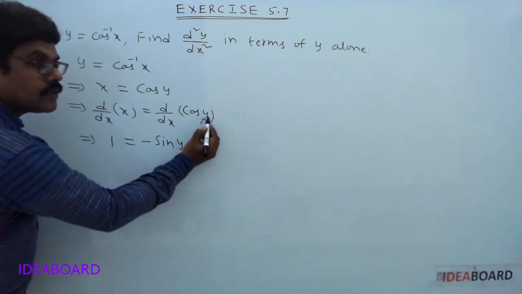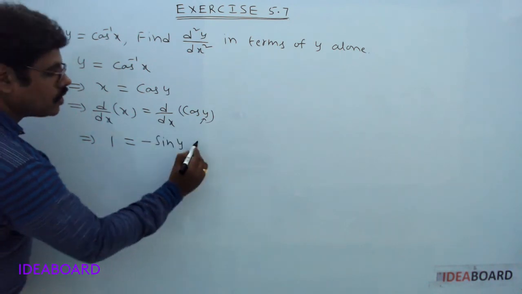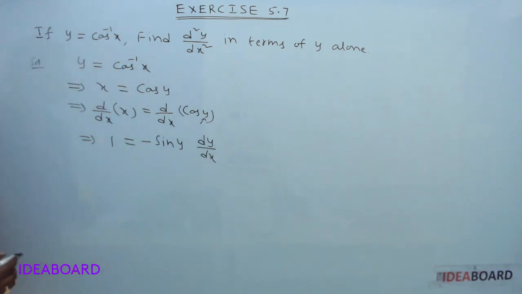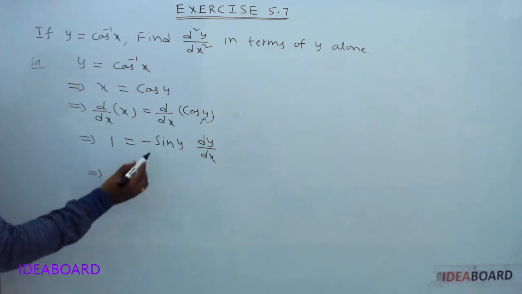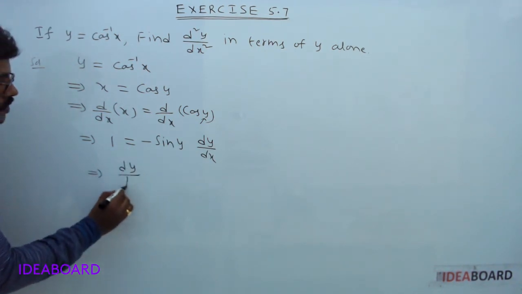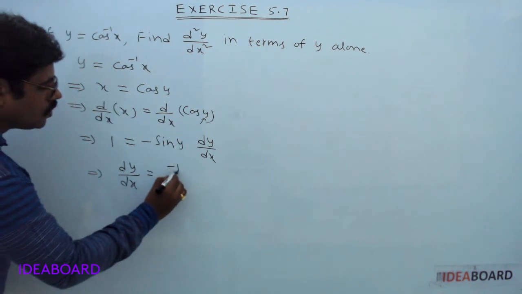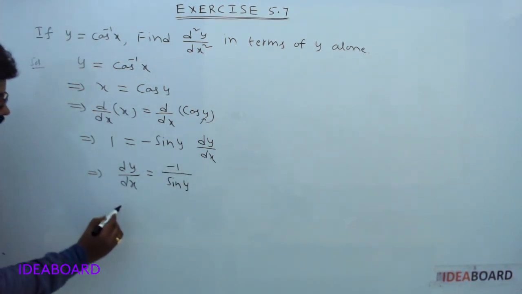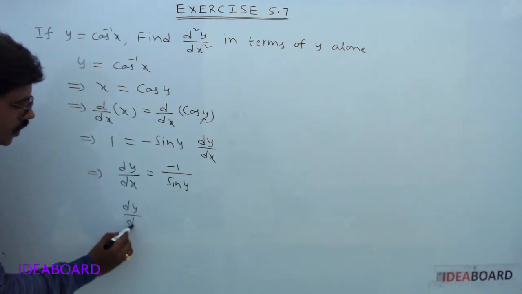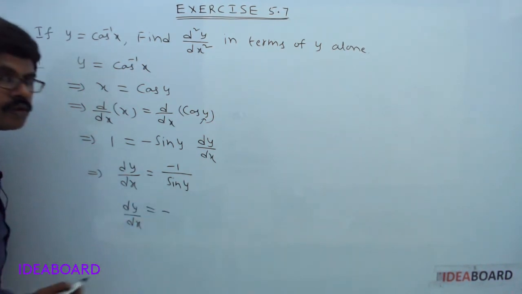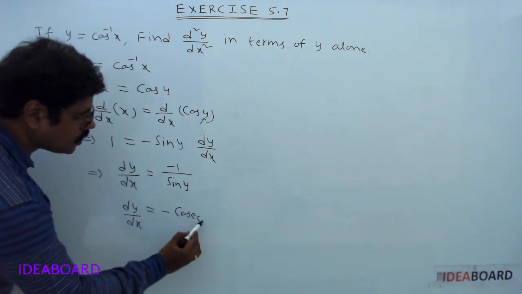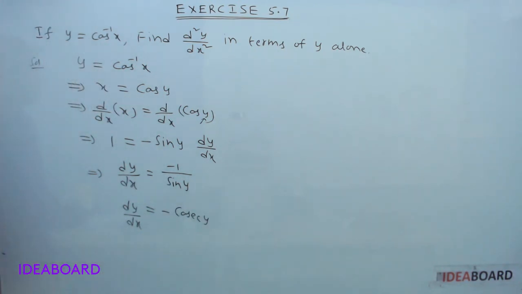So the derivative of this y with respect to x is dy by dx. So from this equation, dy by dx can be written as minus 1 divided by sin y. This is nothing but cosecant y.